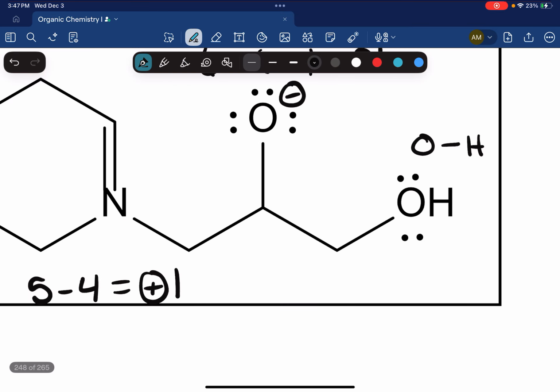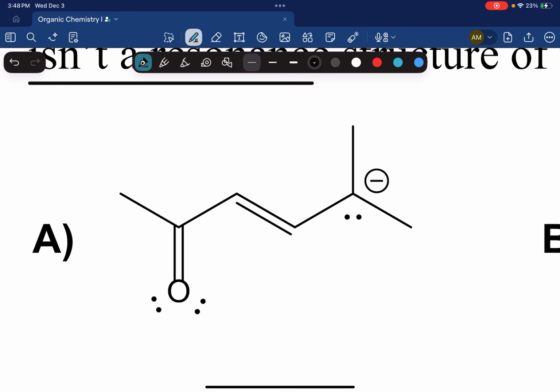Cool. Moving on. Three of the following are resonance structures. Identify the one that isn't a resonance structure. What I do for these ones is I start with the first structure, and I do the resonance on that structure. So I'm going to take this double bond and toss it here, right?